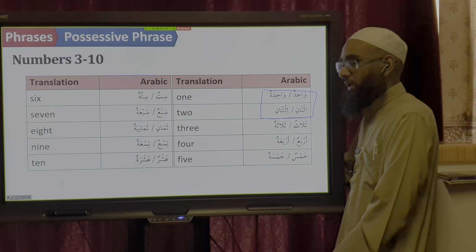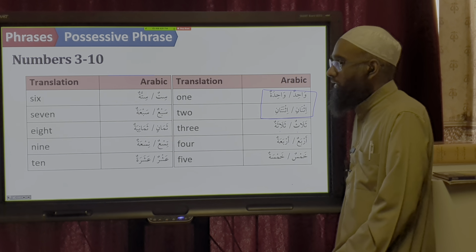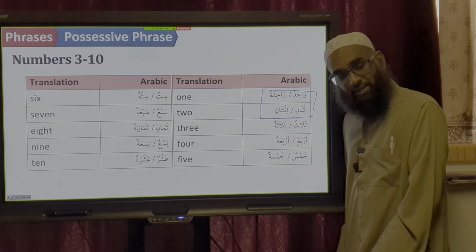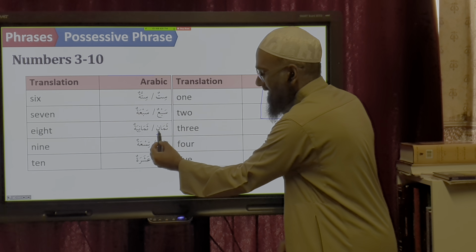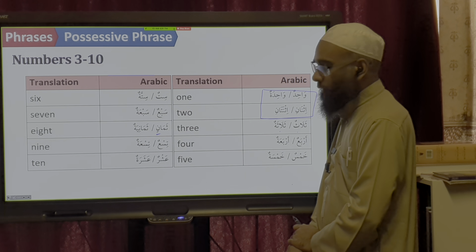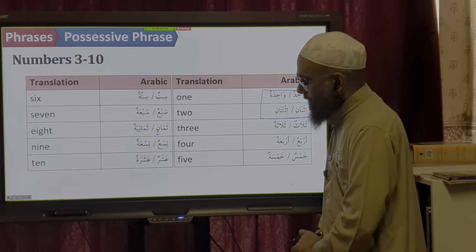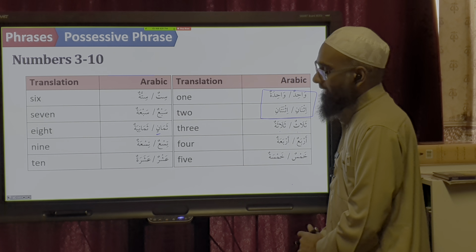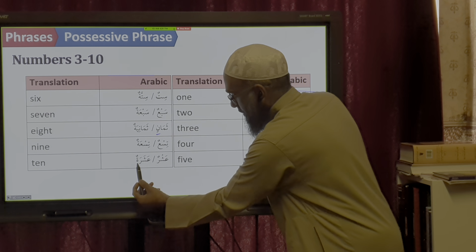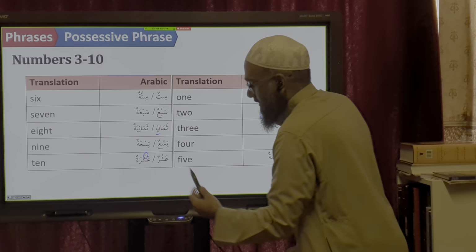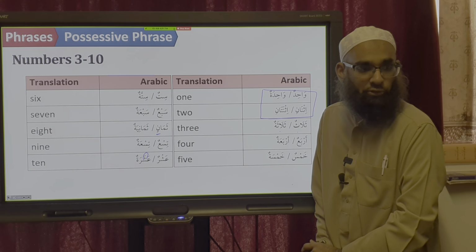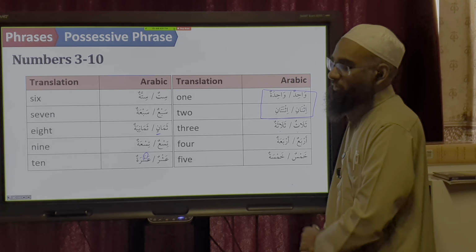Arba'un, arba'atun. Khamsun and khamsatun. Sittun and sittatun. Sab'un and sab'atun. Thamanin, we'll discuss this later on, and thamaniyatun. Tis'un, tis'atun. Ashrun becomes asharatun, not ashratun, you have to put asharatun. So these are the numbers 3 to 10. You just have to learn them.